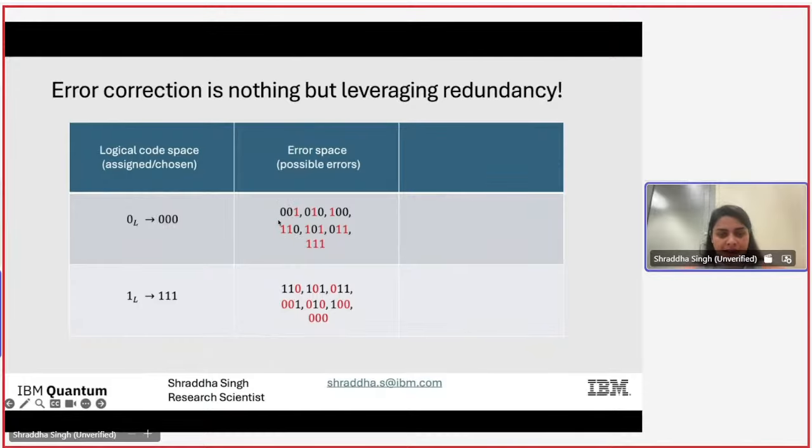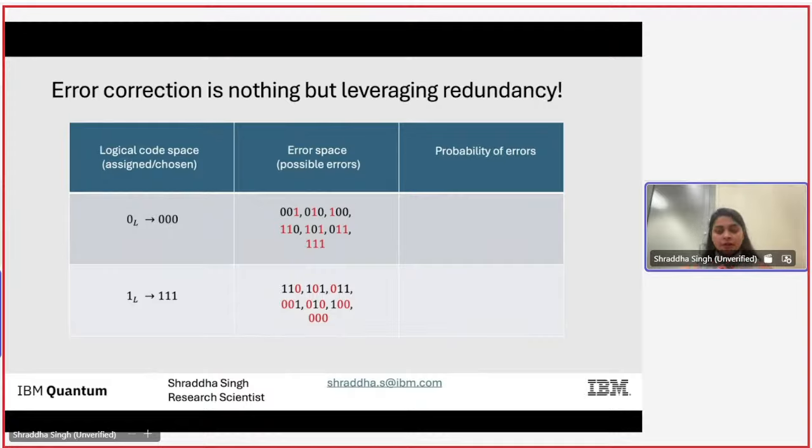Okay, great. So as you can see here, you have 0, 0, 1 represented in the error space of logical 0, as well as in the error space of logical 1. So when you see a 0, 0, 1, what do you interpret? What you would do is rely on the probability of errors.